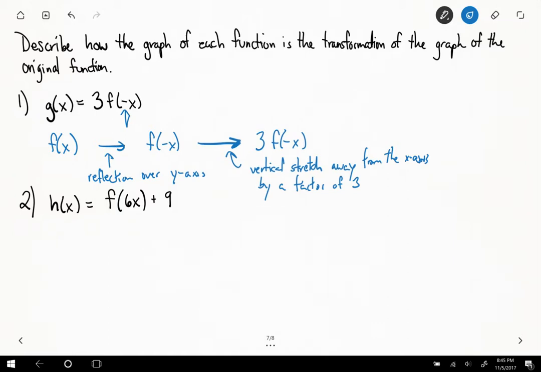So what we've done is describe how the graph of each function is the transformation of the graph of the original function.